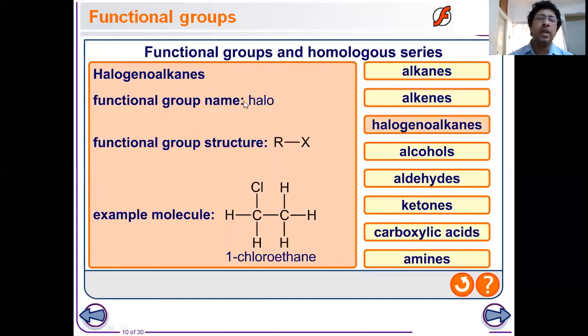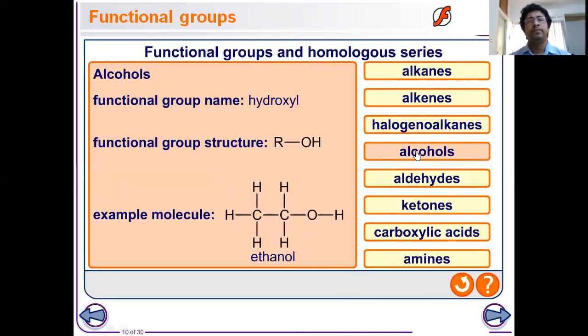Halogenoalkane contains halogen atoms, that means group 7 atoms, which are generally expressed by X. It can be fluorine, chlorine, bromine, or iodine. For example, 1-chloroethane is a halogenoalkane molecule.